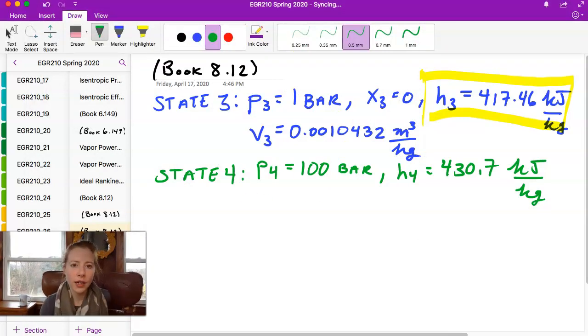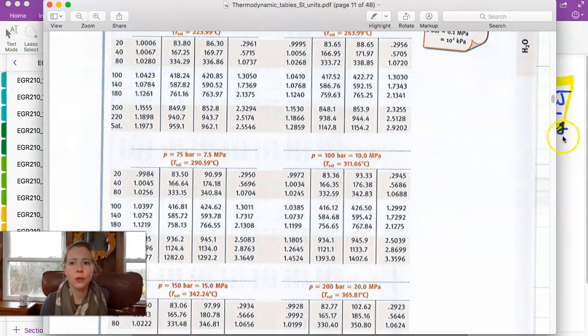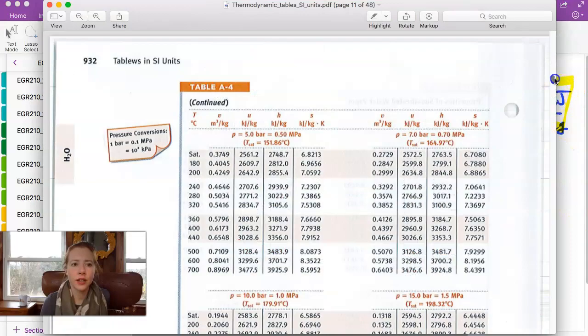And just a reminder, from state 3 to 4, we have isentropic compression. So that means S3 is equal to S4, which is going to be, so for quality of 0 and pressure of 1, let's just check this out.